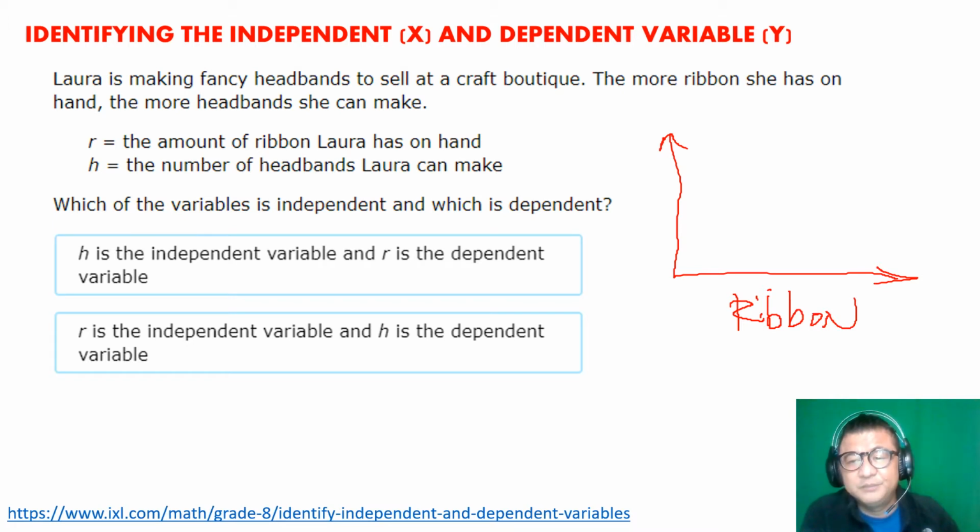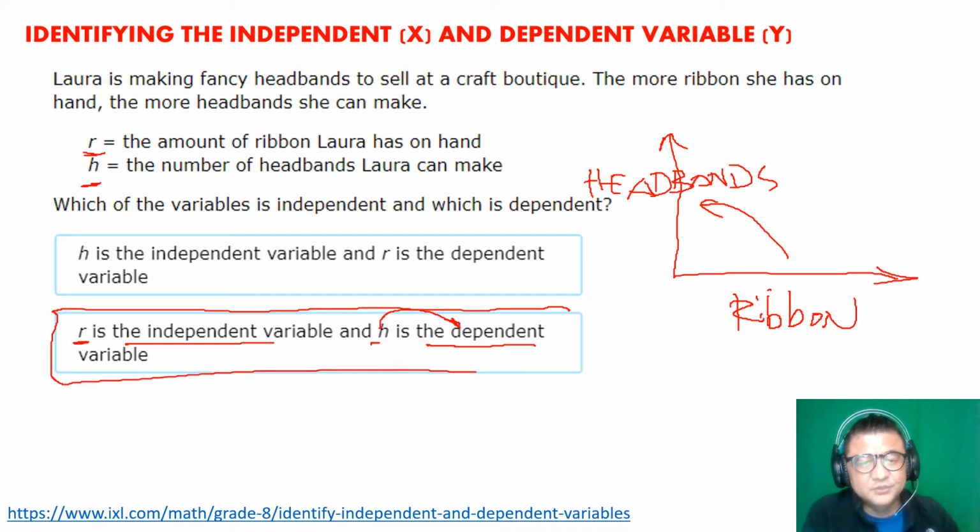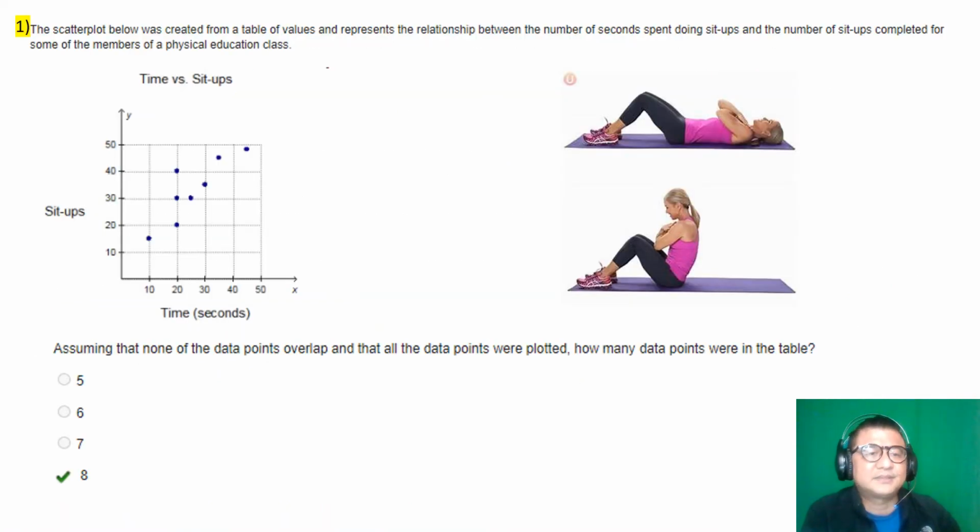Depending on the number of ribbons, the number of headbands will depend. Headbands over here. Okay, so headbands is H, R is ribbon. Again, R is the independent and H is the dependent. Yes, the headband depends on the ribbon. So this is the correct answer. Got it? All right.